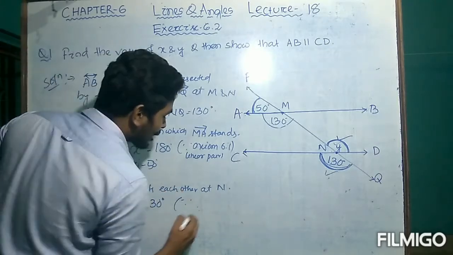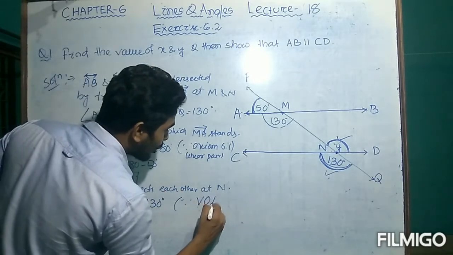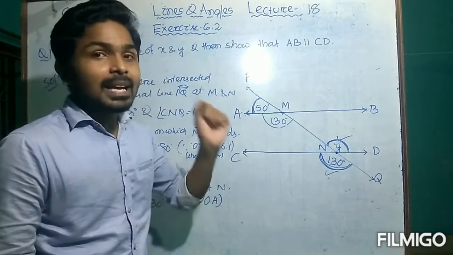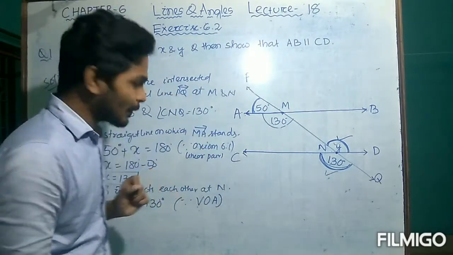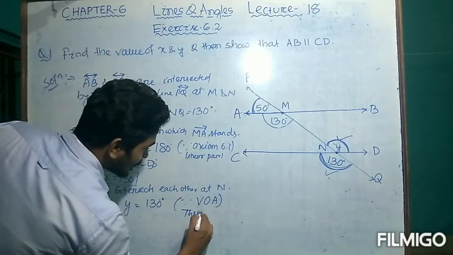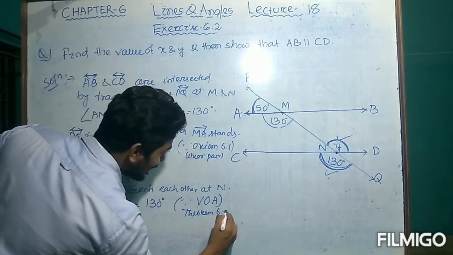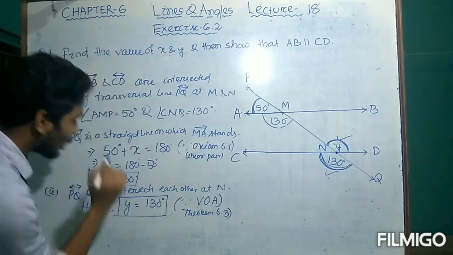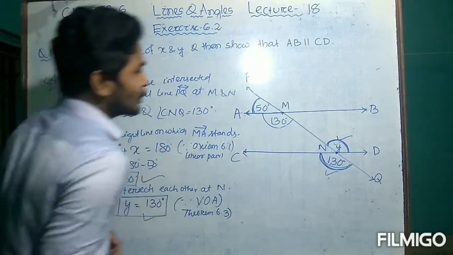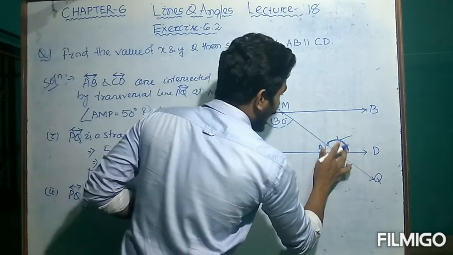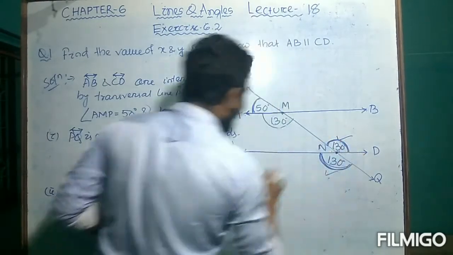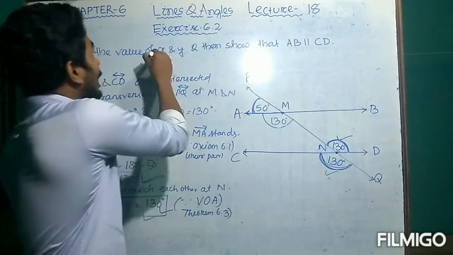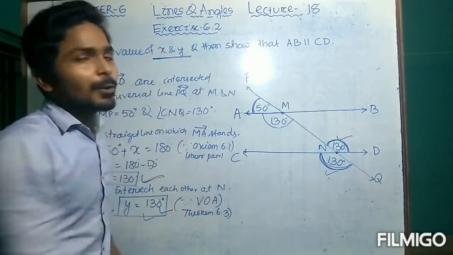The reason is they are vertically opposite angles, or theorem 6.3. Hence you find the value of y. So here you find the value of y to be 130 degrees and the value of x also to be 130 degrees. Hence we find the values of the two unknown variables.